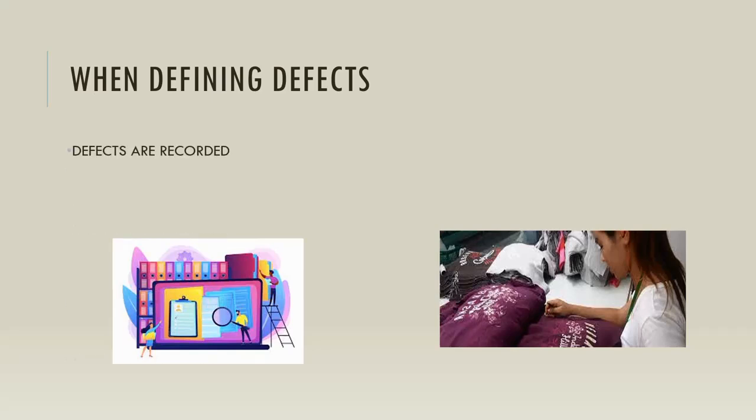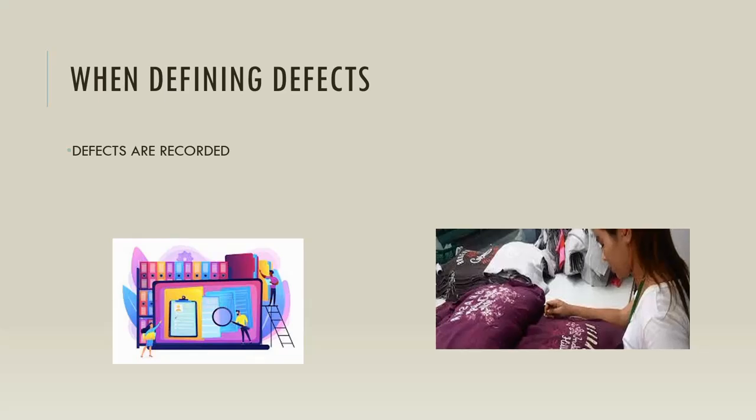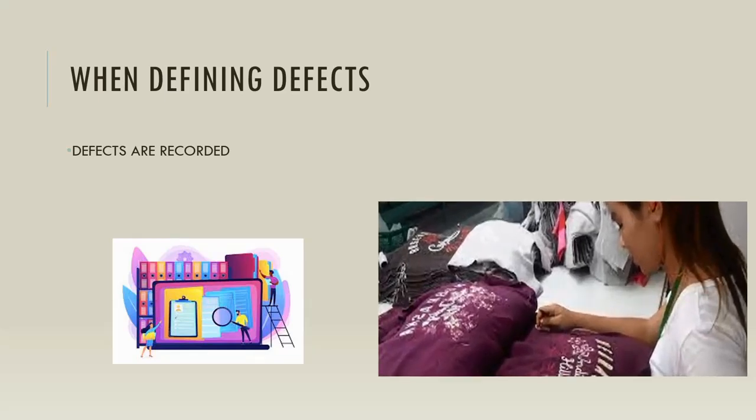Then, when defining the defects, we also have to see that the defects are recorded properly. So recording of the defects that you have got is important. Again, the defects are charted and communicated.